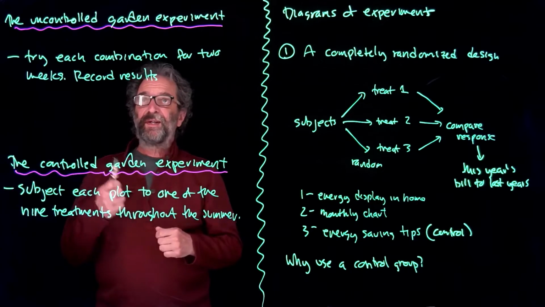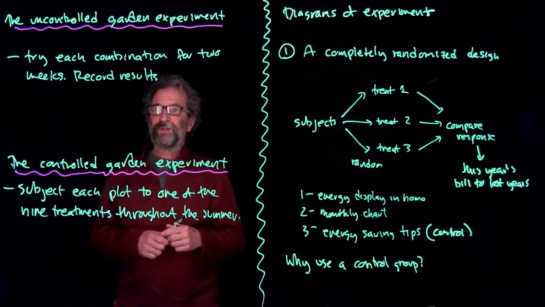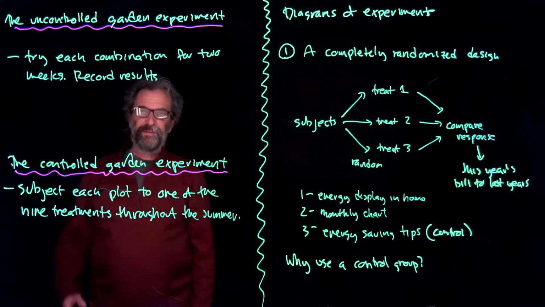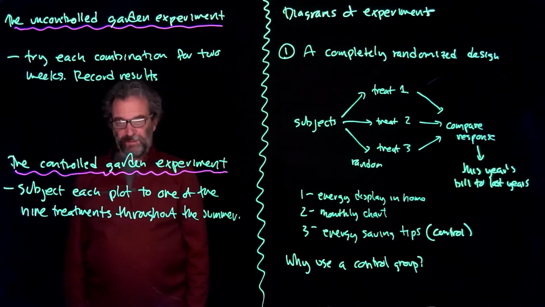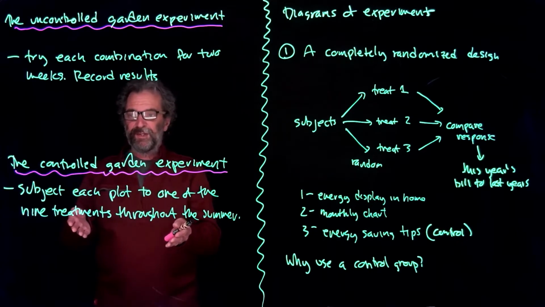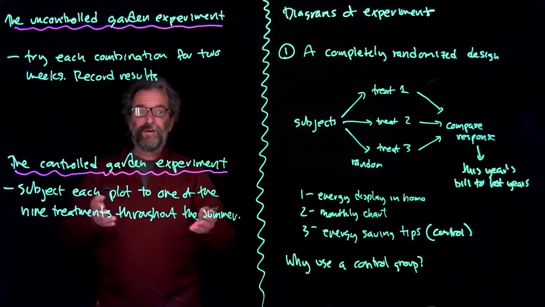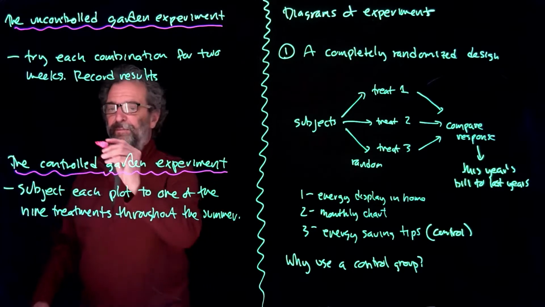So that's the uncontrolled experiment. You're unable to control the other explanatory variables that impact the response, which help the plants. And then, as you try the different combinations of water and sun, as you try the different treatments, you don't know if the treatment is responsible or if the weather is responsible. So I'll put that here.